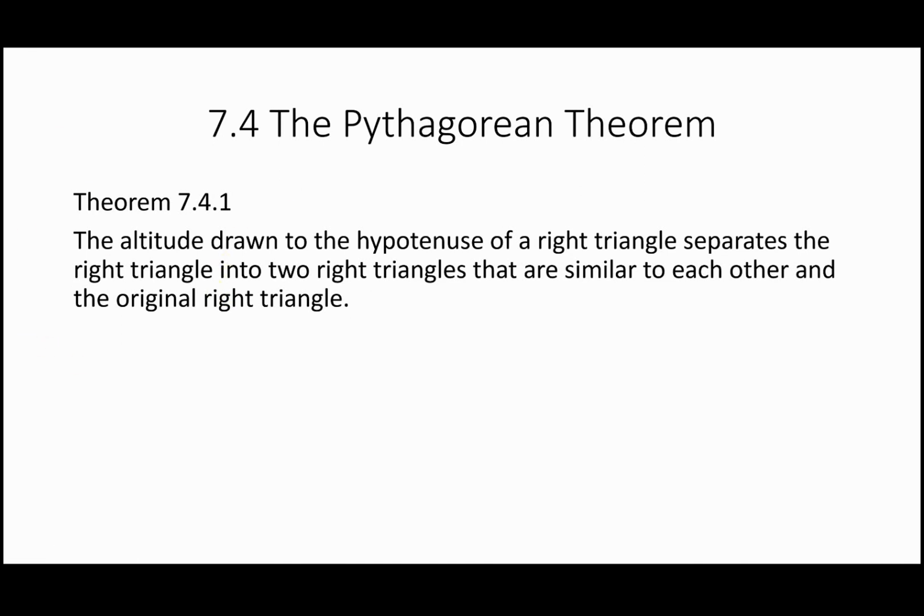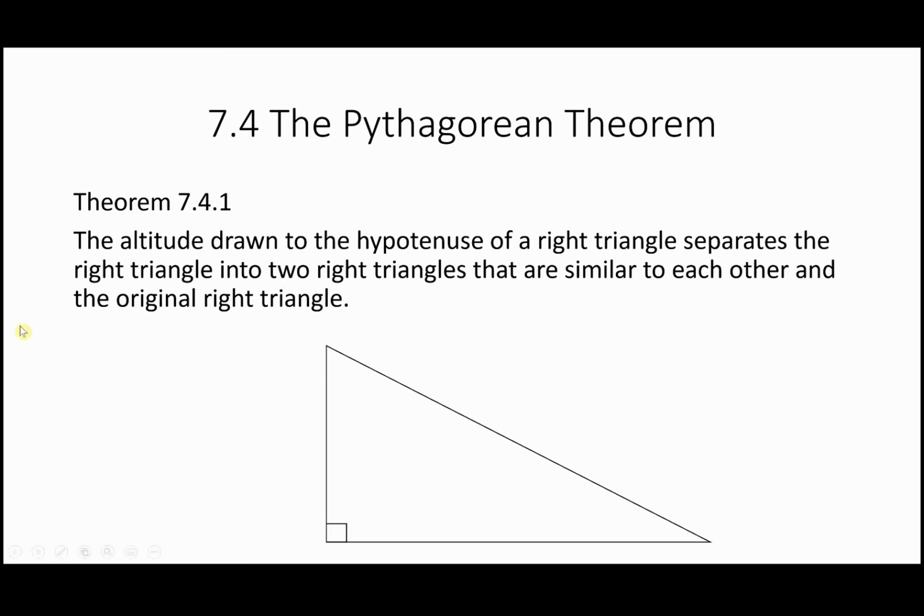So I have a visual that I want to present to you that illustrates what's being said in this theorem. Give yourself a generic right triangle. I believe you have the same one in your lecture notes here. And then we'll want to add an altitude.